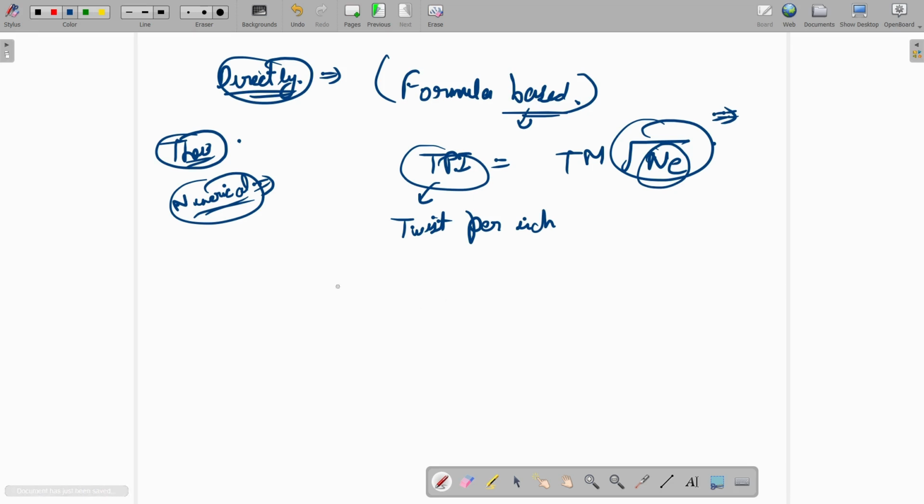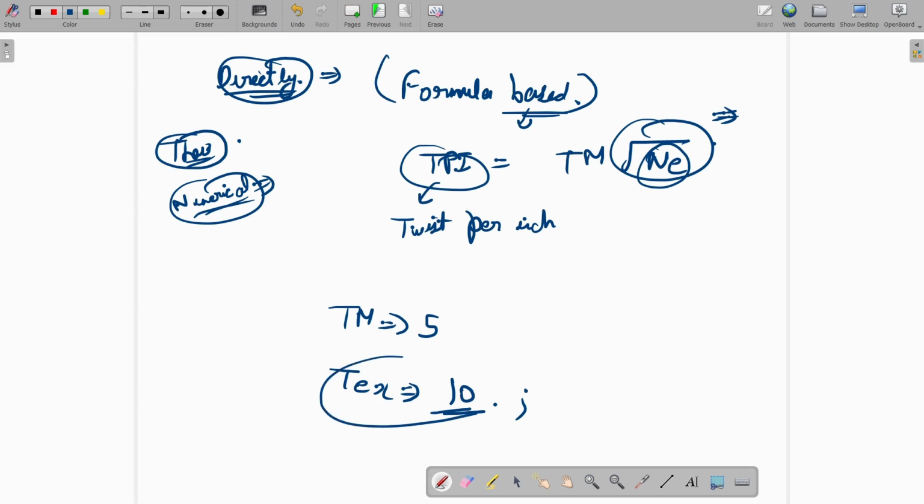Suppose the twist multiplier is given as 5 and tex is given as 10, so you have to calculate TPI. How will you calculate it? You can calculate from tex to any count.